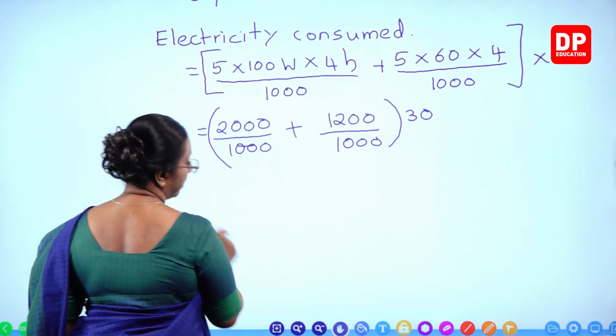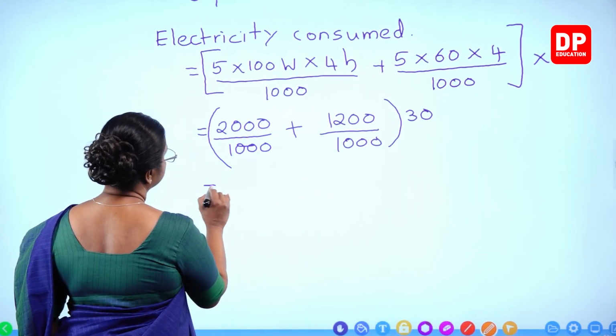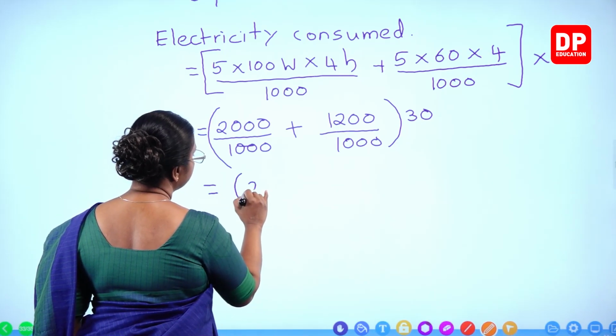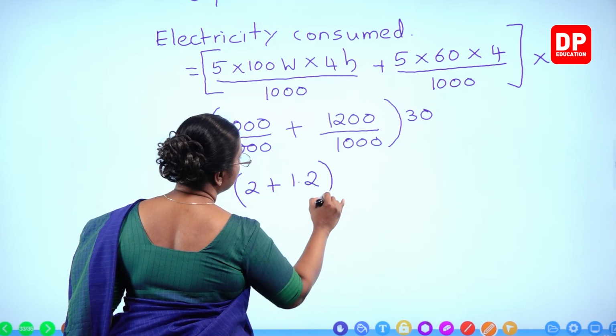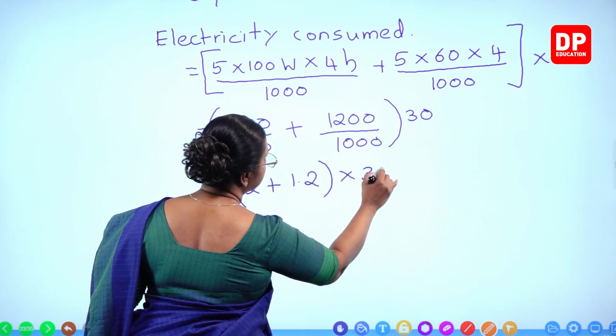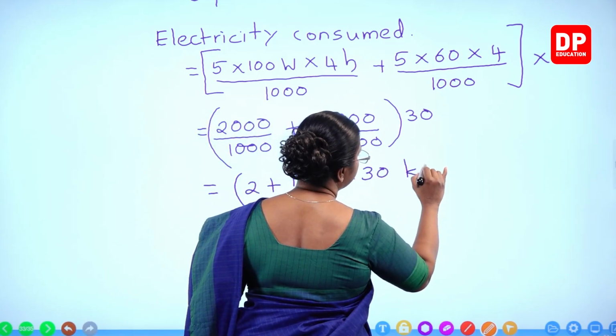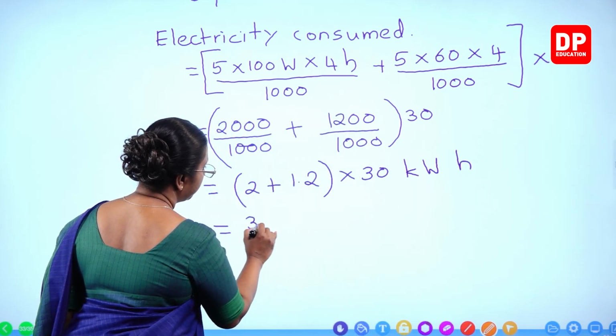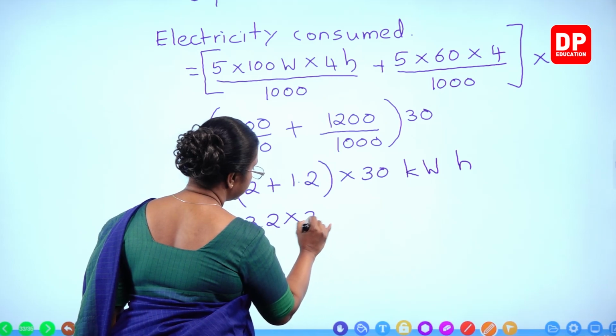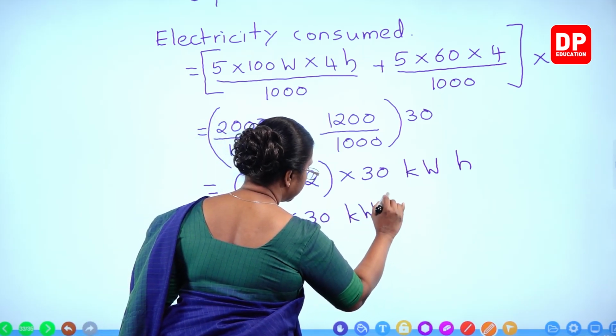So if we calculate, this is 2 plus 1.2 into 30, that is going to be kilowatt hours. So here 3.2 into 30 kilowatt hours.